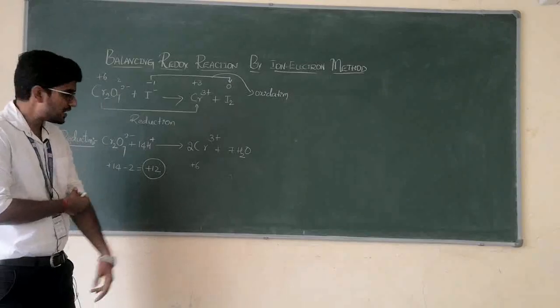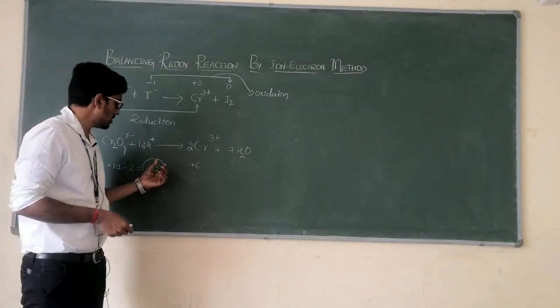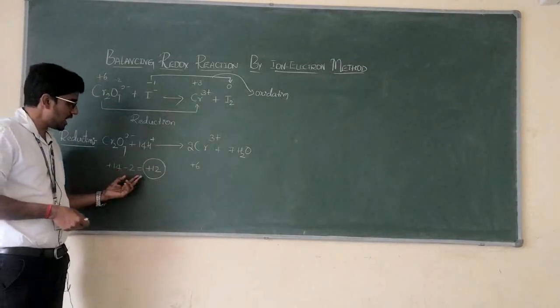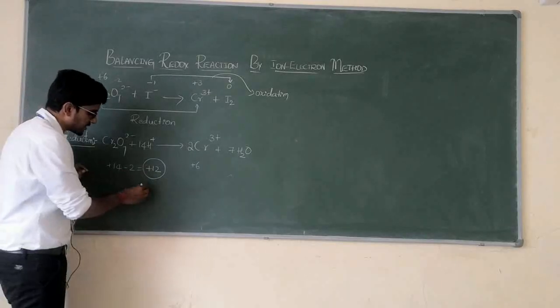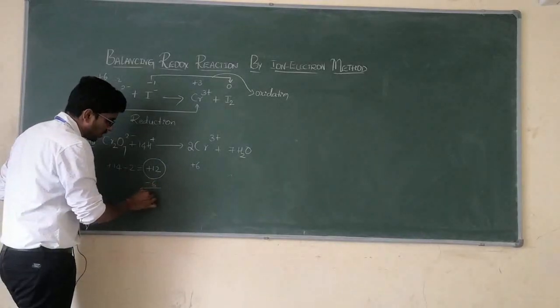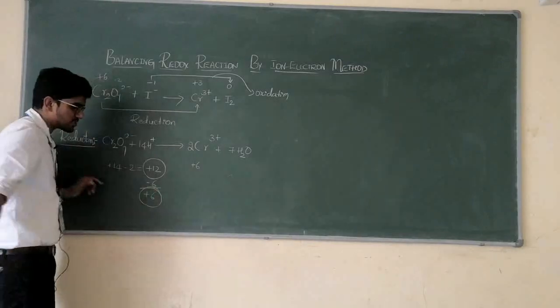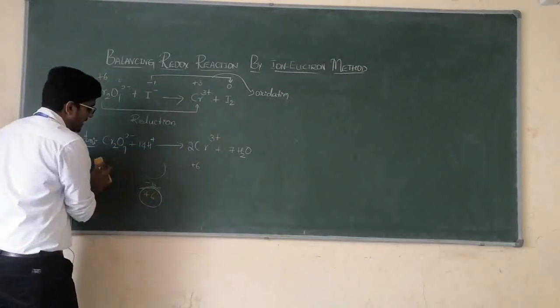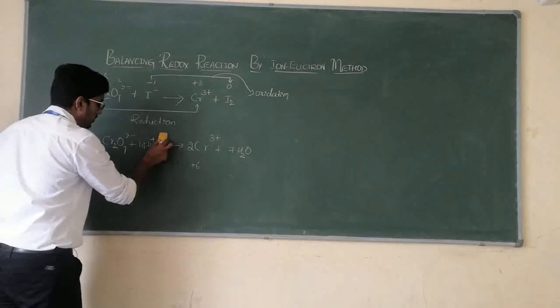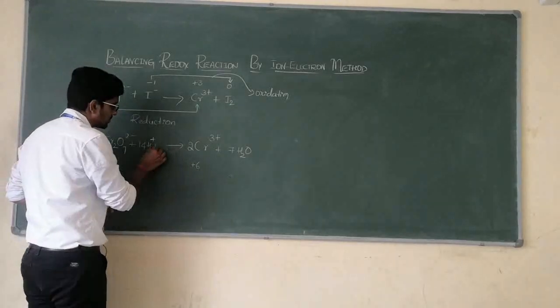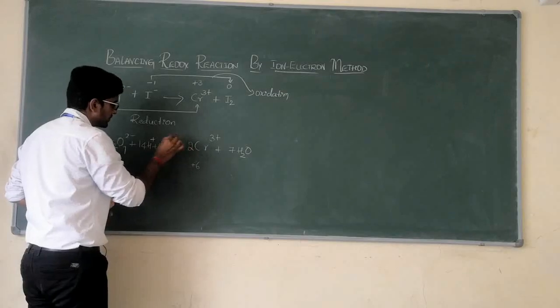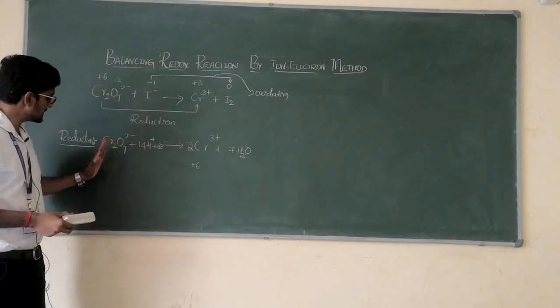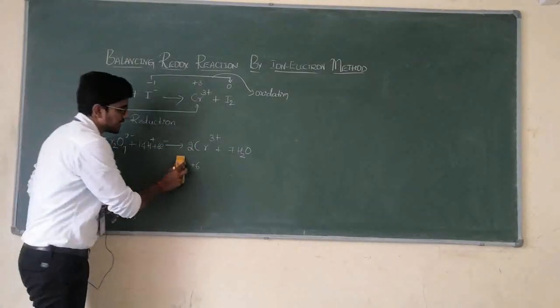To balance this, we should add 6 electrons on the left hand side. Then the overall charge is balanced: +6 here and +6 there. So we add 6 electrons on the left hand side. This is the reduction half reaction.